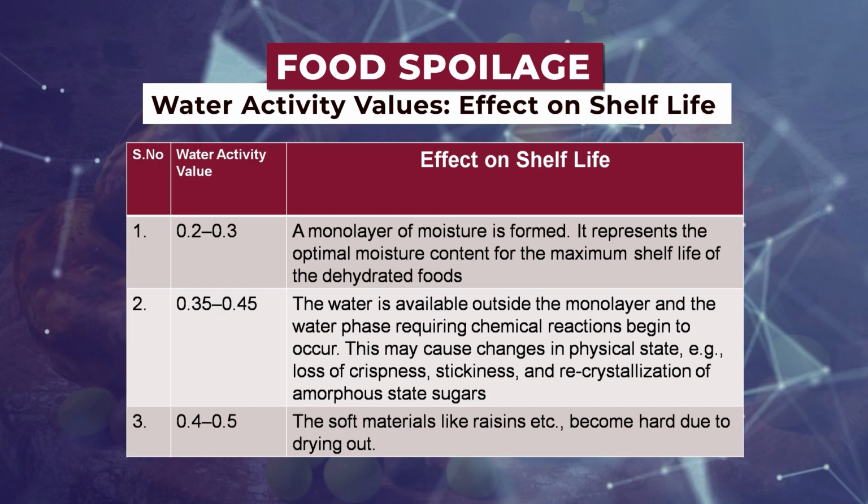At 0.35 to 0.45, more water is added. So this causes a change in the physical state, like loss of crispiness, stickiness and dehydration. And at 0.4 to 0.5, soft material like raisins will become hard due to drying out.